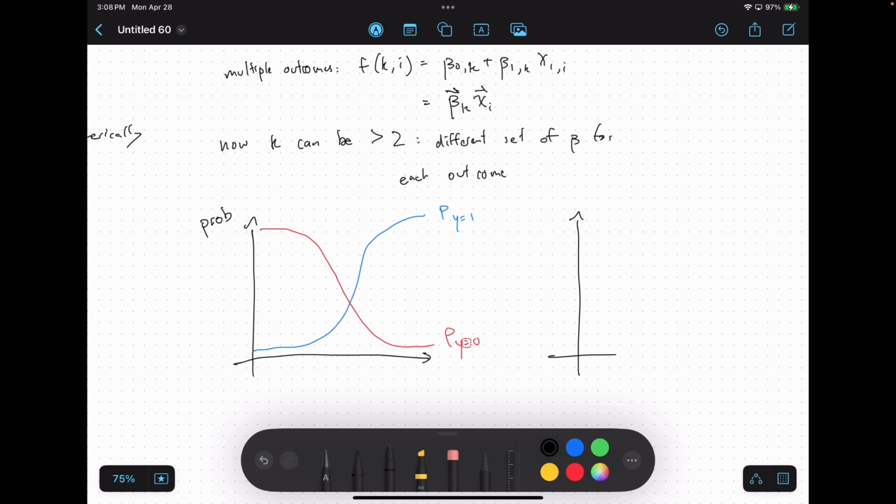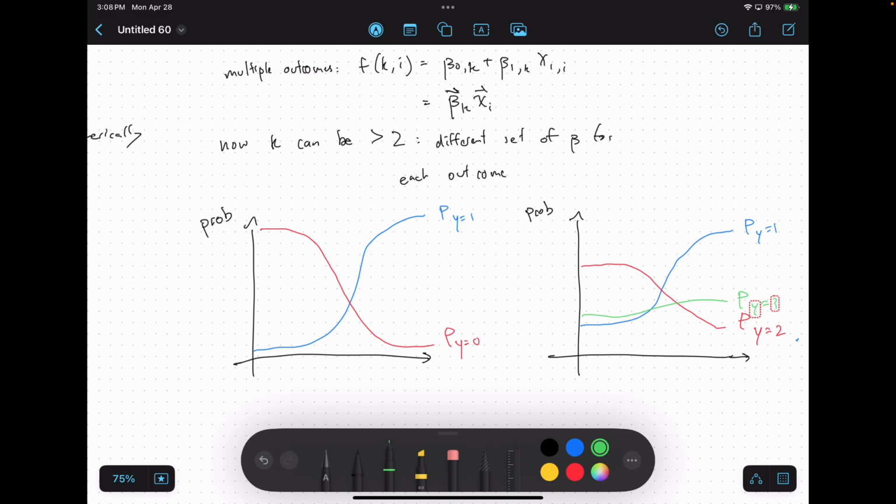And now I might have something slightly different, where maybe I have probability y equals 1, probability y equals 2, and then a third line, probability y equals 3.